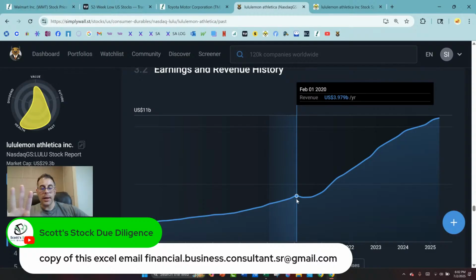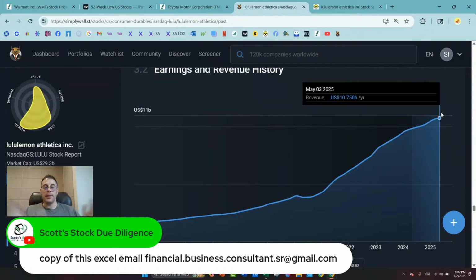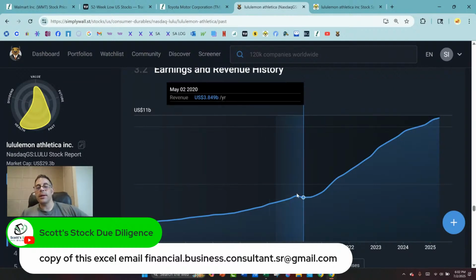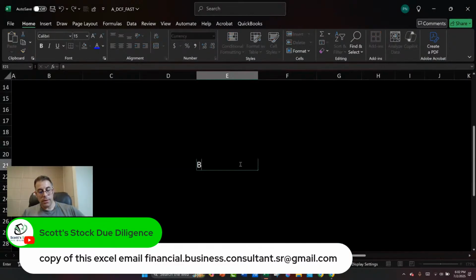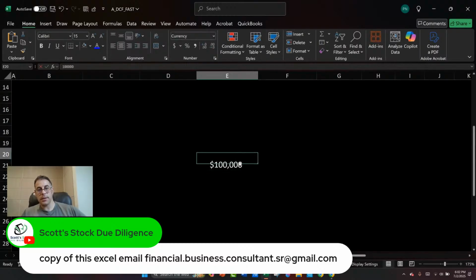See, it's a $4 billion revenue in 2020. And today it's 11 billion. And they're priced identical. So it's like if you had a business, right? And somebody wanted to buy your business in 2020. Say your friend offered $100,000 to buy the business.